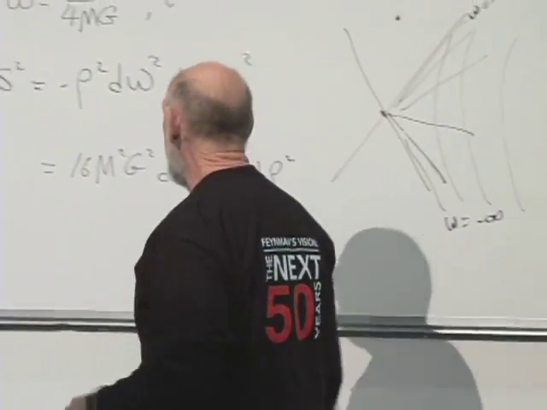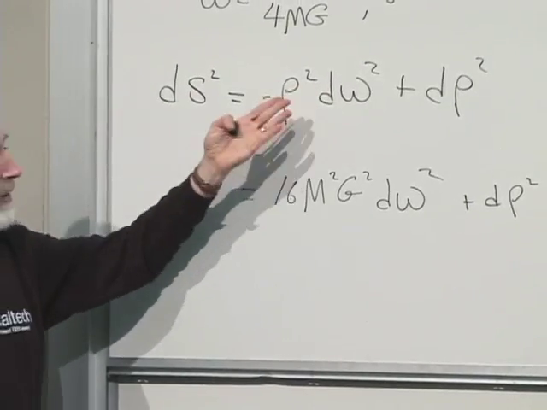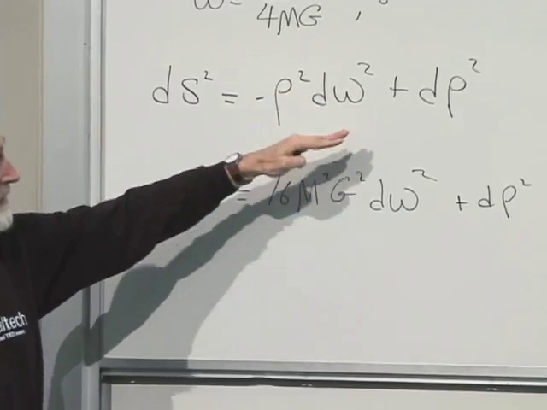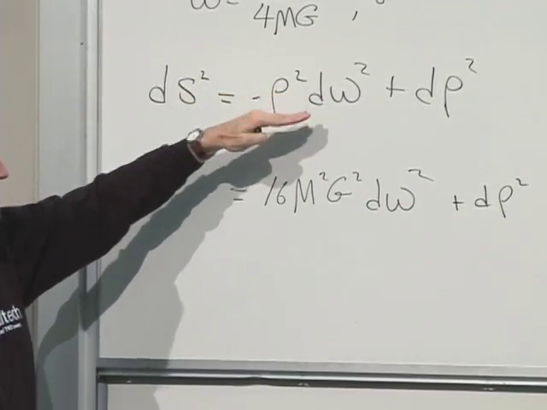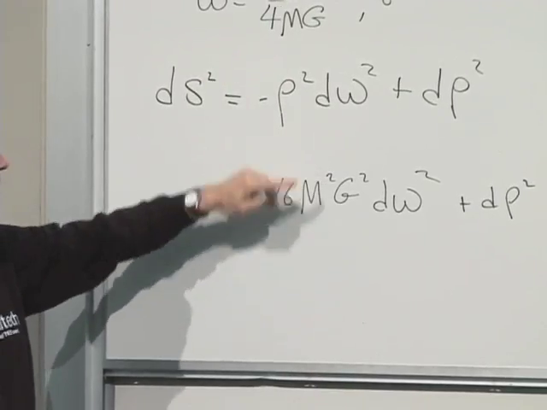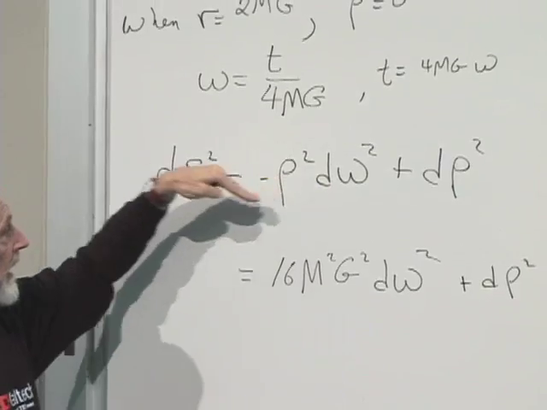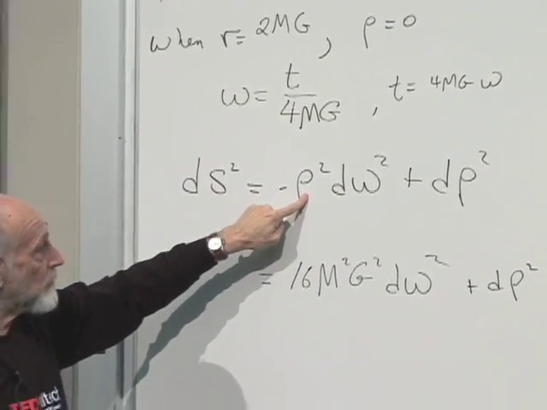So look what's happening: near the black hole, the only interesting difference between these two is not in the d rho squared term, but in the time term. Omega is a kind of time. It's related to time through this equation over here. And on the one hand, near the black hole, there's a factor rho squared.